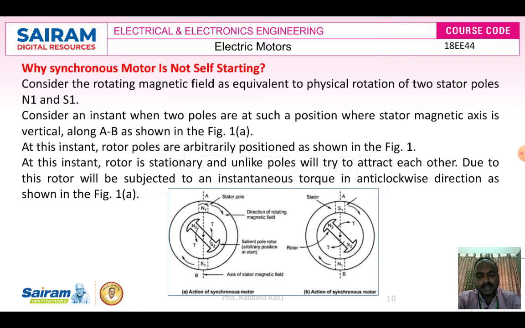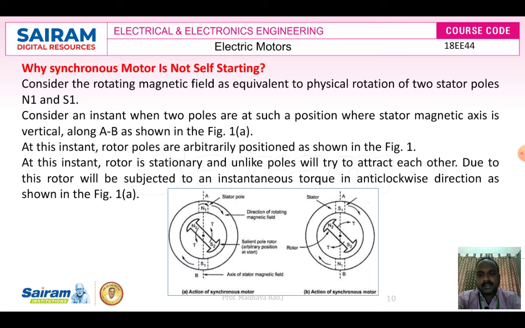N1 and S1 are placed on the stator, so we can consider them stator poles, and N2 and S2 are placed on the rotor, so we can consider them rotor poles.